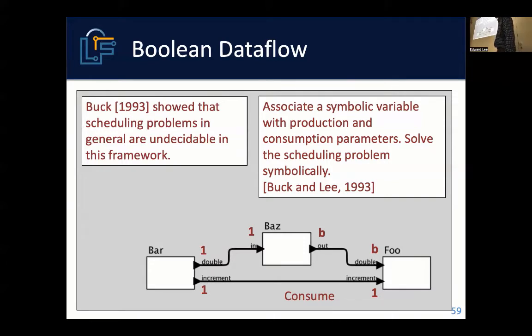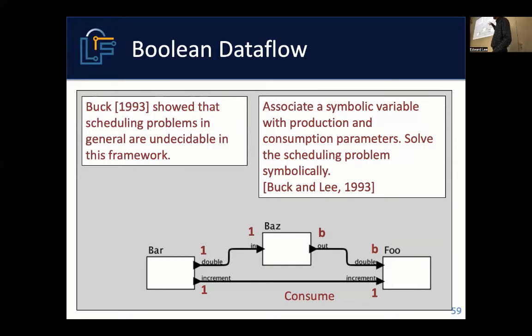And quite surprisingly to me, my PhD student, Joe Buck, showed in 1993 that this simple addition to the model was enough to make the model of computation Turing complete. Okay. Just by being able to have Boolean variables specifying whether a token is produced or not.